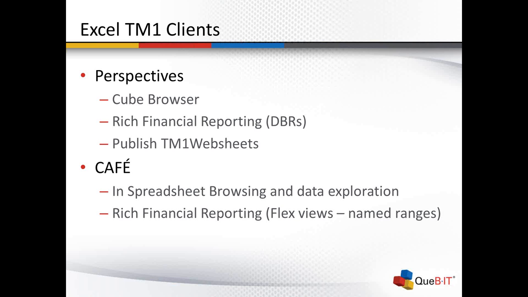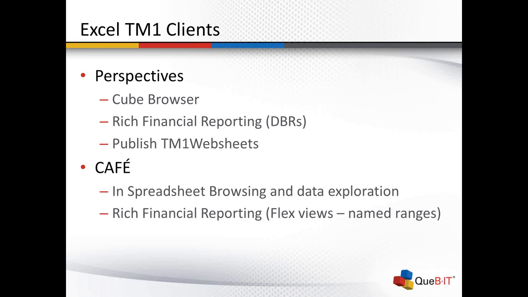That means there are no formulae, which is going to be different for people who are used to Perspectives, but it also makes it easier for Cafe to move the data efficiently over a wide area network, which is one of the major design considerations with Cafe.